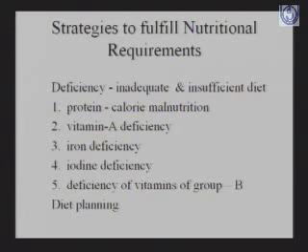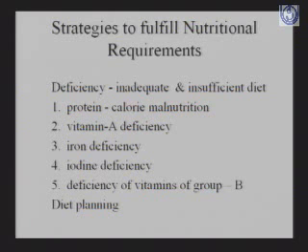An inadequate or insufficient diet can lead to deficiencies: protein-calorie malnutrition, vitamin A deficiency, iron deficiency, iodine deficiency, and deficiency of the vitamin B group. That's why we have to plan our diet in order to have a proper, balanced nutritional status and provide all the required nutrients to our body.